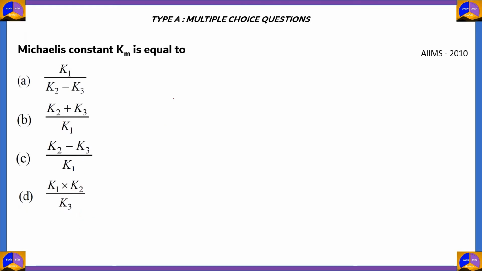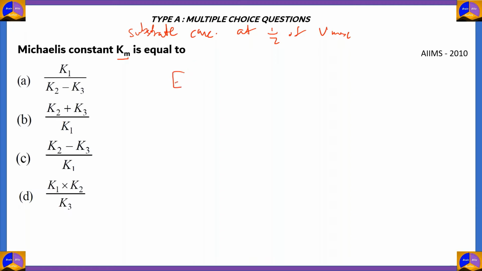So if this is going over your head, let's write down the equation. The Michaelis constant is the substrate concentration at which half of Vmax is achieved. Vmax is the maximum velocity formed by the enzyme of the reaction.